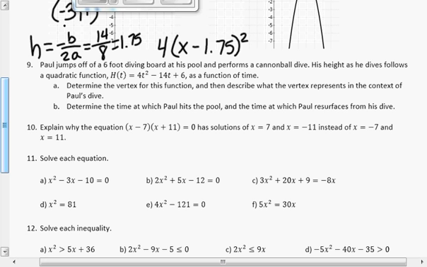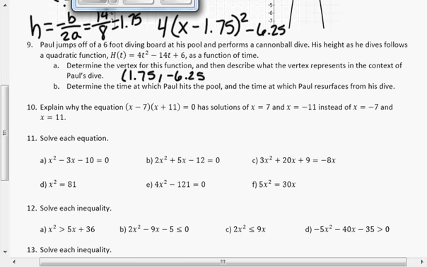So it's 4 times 1.75 squared minus 14 times 1.75, and then plus 6, and we get negative 6.25. So the vertex would be 1.75, negative 6.25.